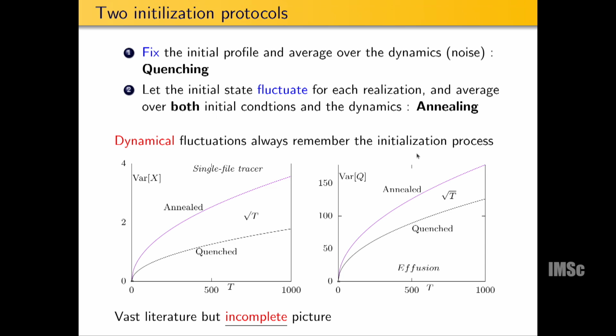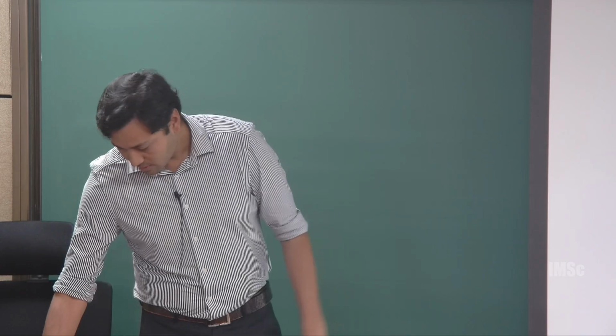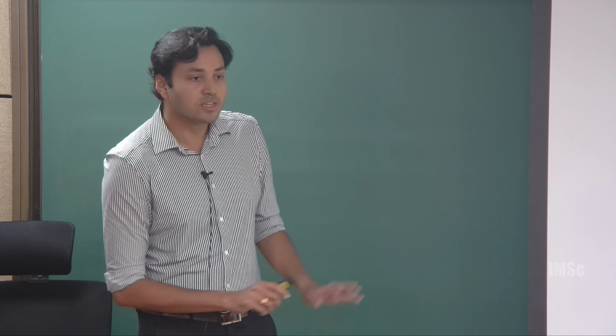Now there is a vast literature on this, very vast, but it was a rather incomplete picture, because ideally you would like to understand what is special about these two lines, and why these two lines always show up. Is there one framework that actually captures the whole role of initial conditions in these problems? But these kinds of systems are weakly interacting systems. These are all interacting by hardcore exclusions.